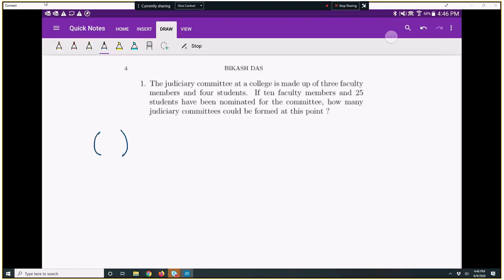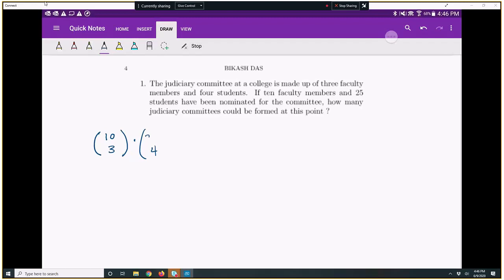We need to choose 3 faculty. And how many do we have to choose from? We have 10 to choose from. So this will be 10 choose 3. And then I'll choose the students. Because it's 2 processes back to back, that's going to be multiplication. So I need to choose 4 students, and how many do I need to choose from?